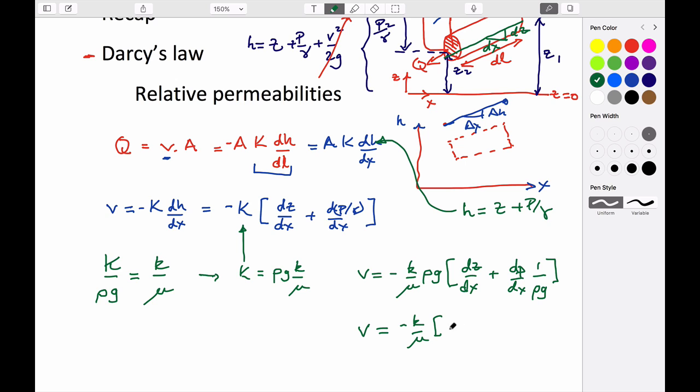I'm going to take this term inside here, change in dz dx, rho g, plus change in pressure with x, and I've got rid of this. So in other words, I've just taken this inside here and then got rid of it from the outside.